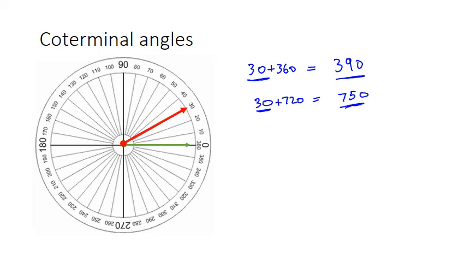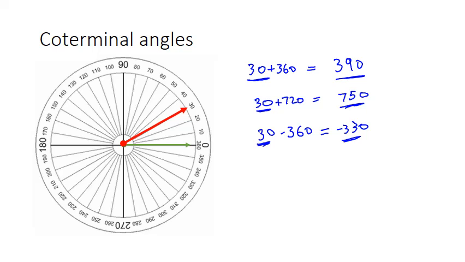We know that if we're going the other direction, that's a negative direction. So as an example, 30 degrees is coterminal with negative 330 degrees because if we take away one rotation, if we take away 360 degrees, it's going to give us negative 330. So 30 degrees is coterminal with negative 330.